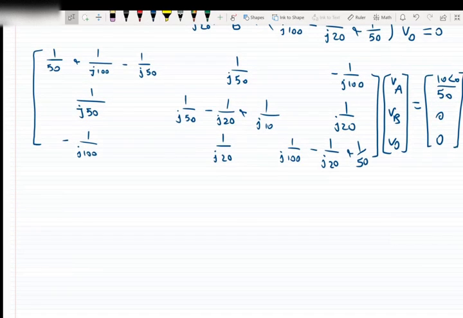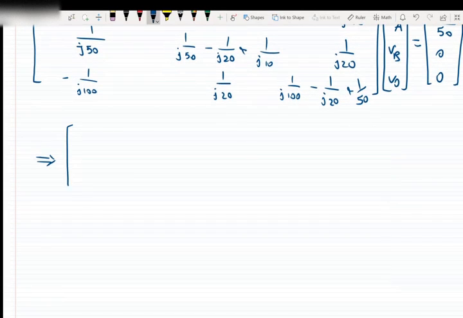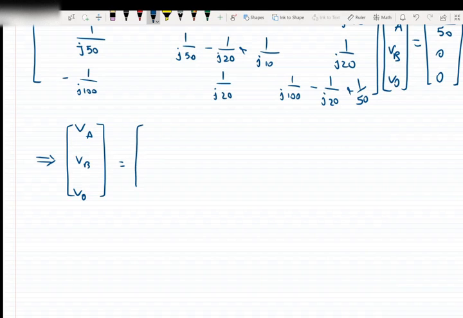Okay, and if we do this matrix multiplication, we will have VA, VB, VO equal to 8.3 with the angle of negative 21, 1.1 with the angle of 115, 2.9 with the angle of 168.